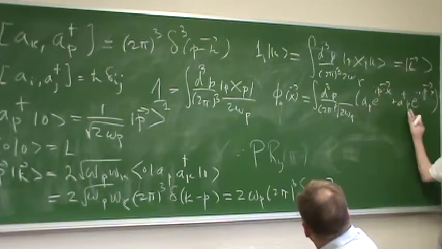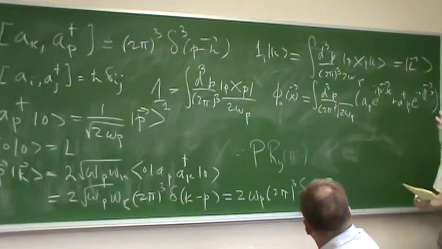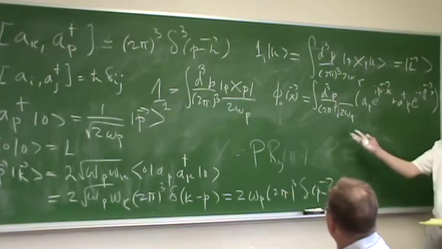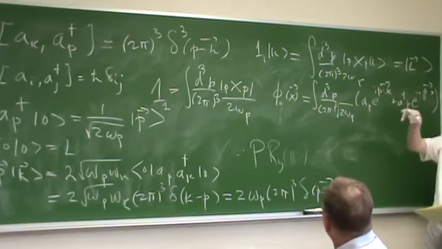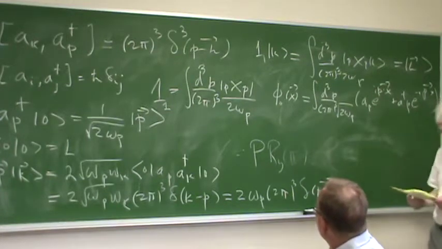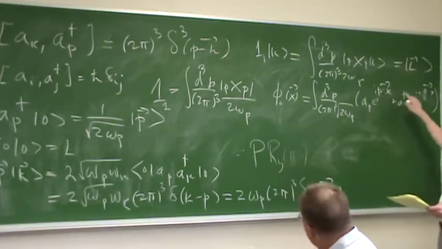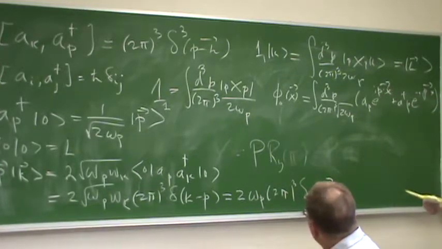But this is at one time. As time goes by, these depend upon time with this e to the plus or minus i omega t, which makes this into a Lorentz invariant object.